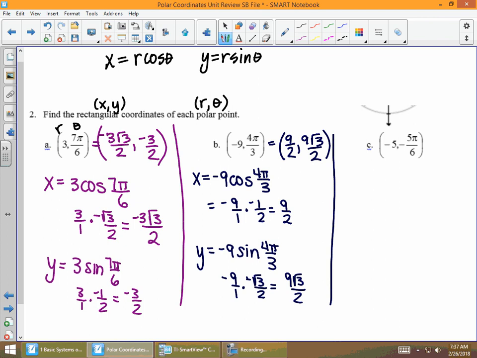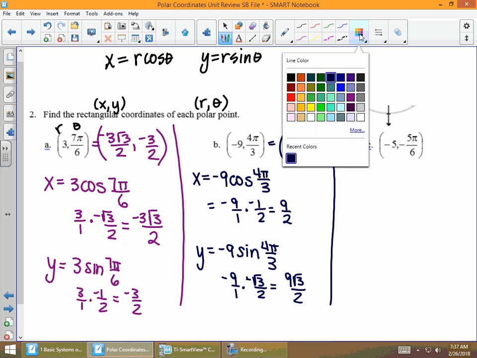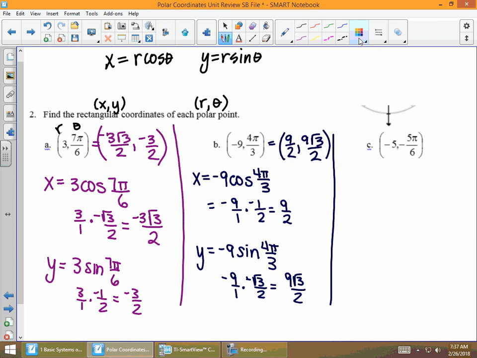All right, last one. You can also sketch these if you're feeling uncertain about whether you have the right final answer, and make sure at least you're in the right quadrant. So back here at 3, 7 pi over 6. 7 pi over 6 is a third quadrant angle, and you'd be going out 3. So it makes sense that you have negative in rectangular coordinates.